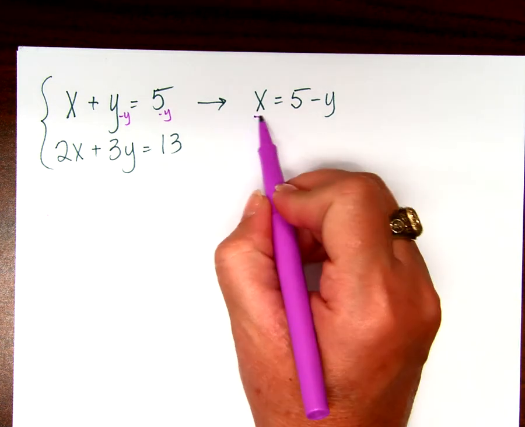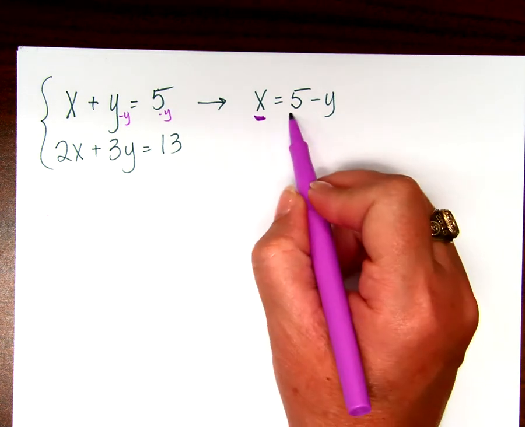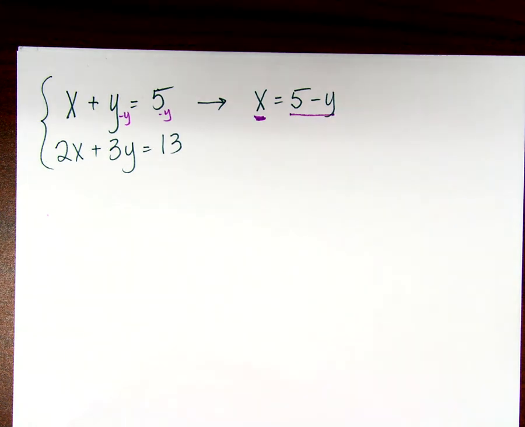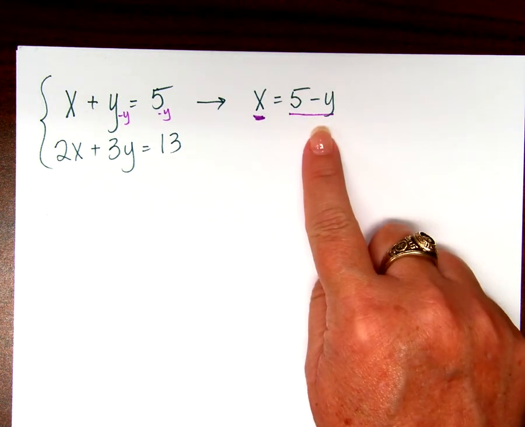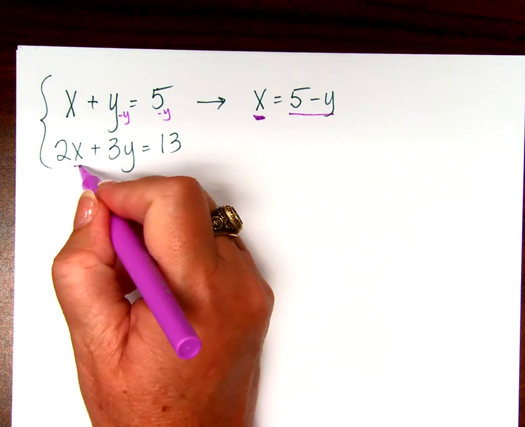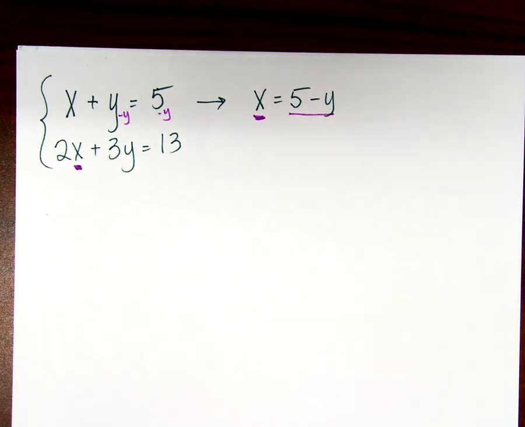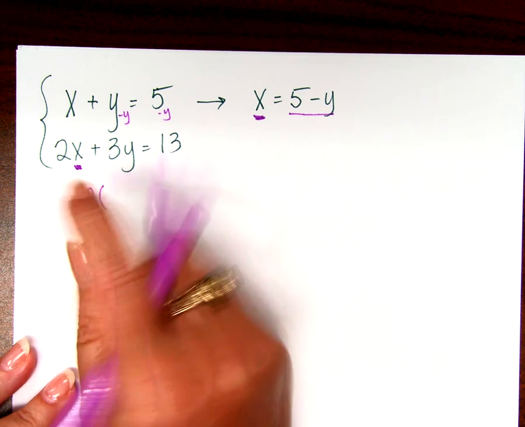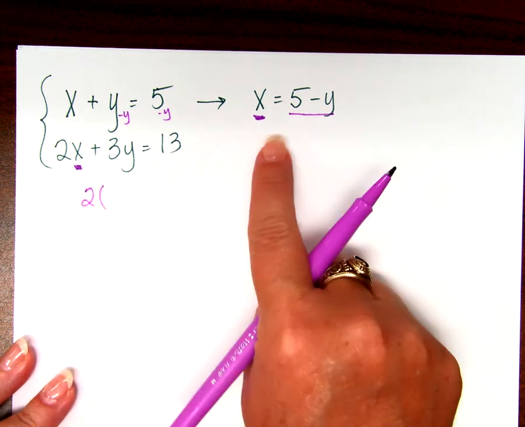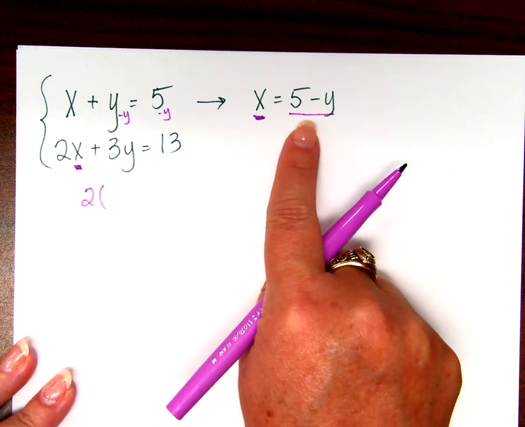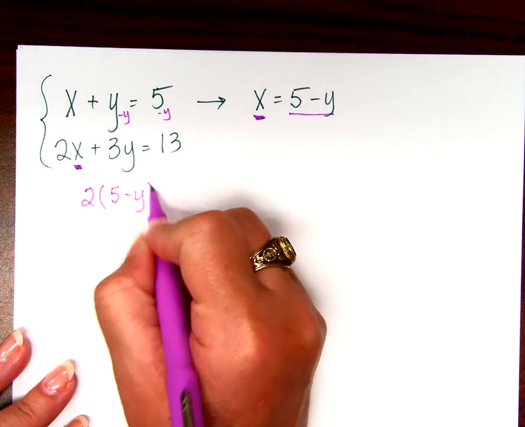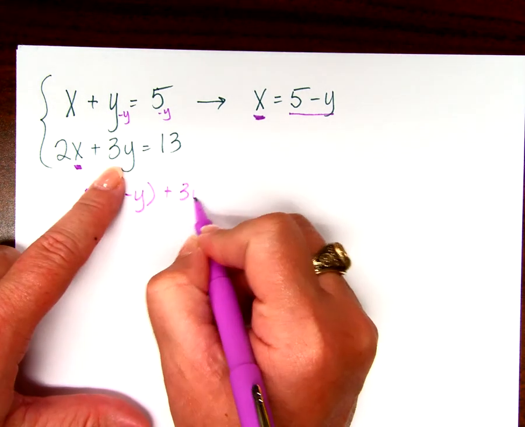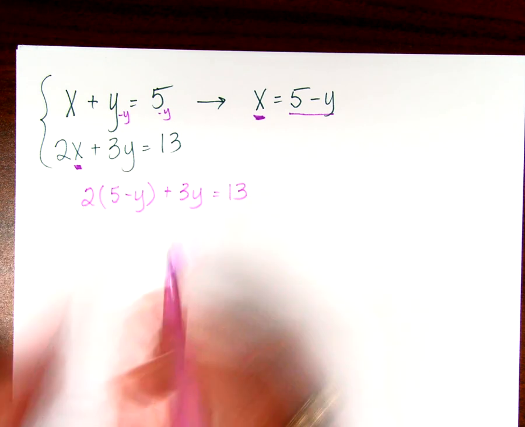Now, I know that x equals 5 minus y. Is there another x somewhere that I could substitute that into? Right here, right? So I'm going to start writing the second equation. But instead of writing x, what am I going to write instead? Exactly what I know x equals. So 5 minus y plus 3y equals 13.